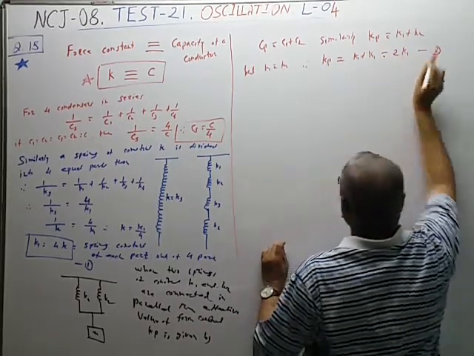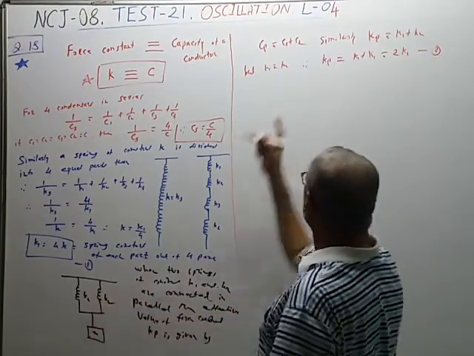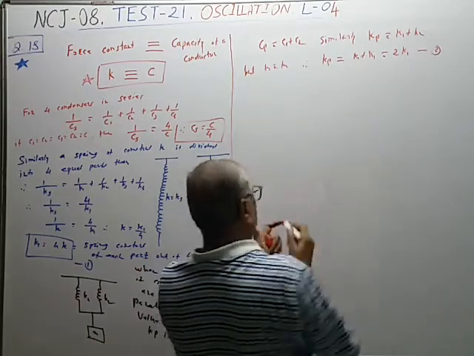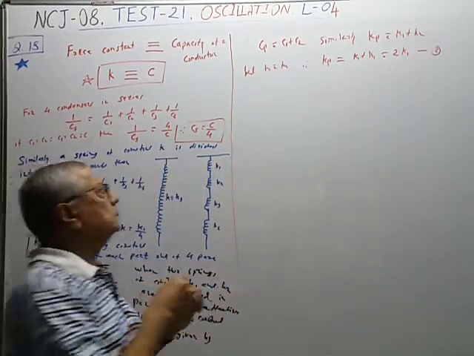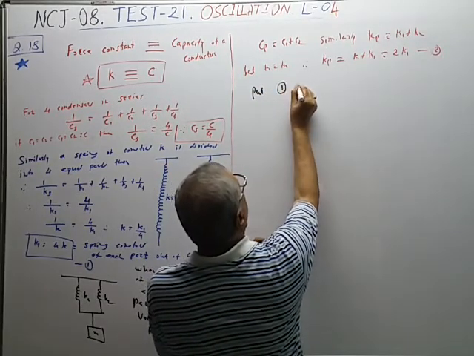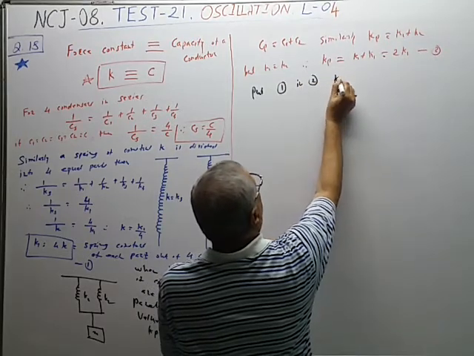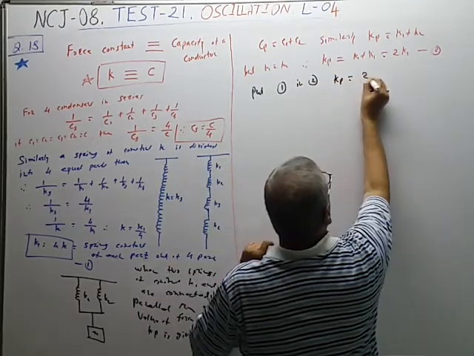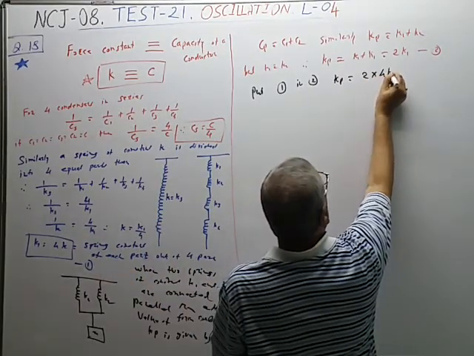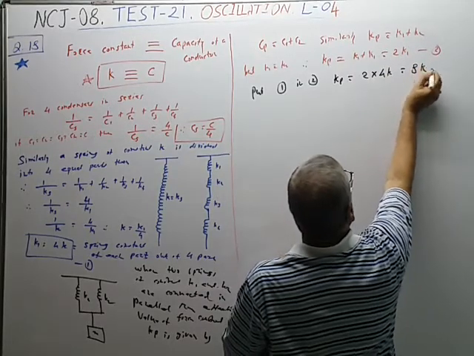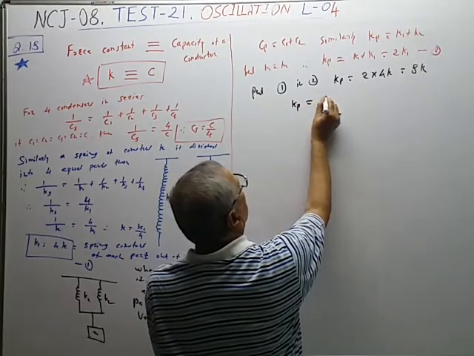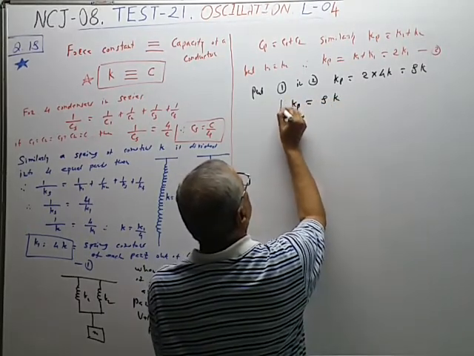This is equation second. For this combination, the force constant value is Kp, so substitute the value of K1 in it. Put equation 1: therefore Kp is equal to 2 times K1, and the value of K1 is 4 times K, so that is equal to 8 times K. So the effective force constant is equal to 8 times the force constant of the whole spring.